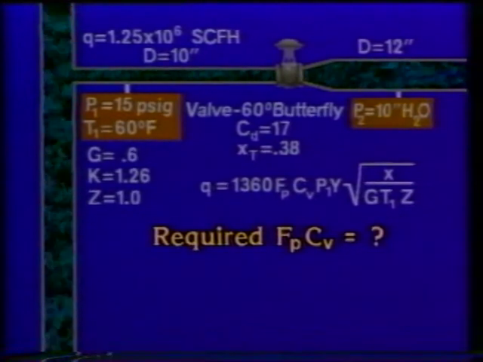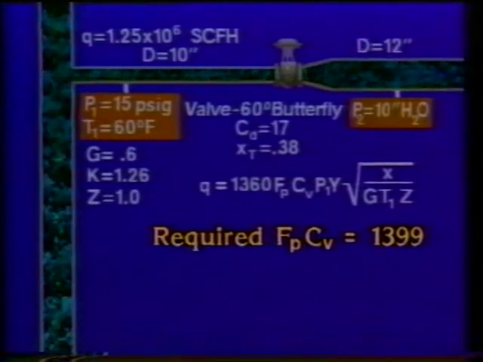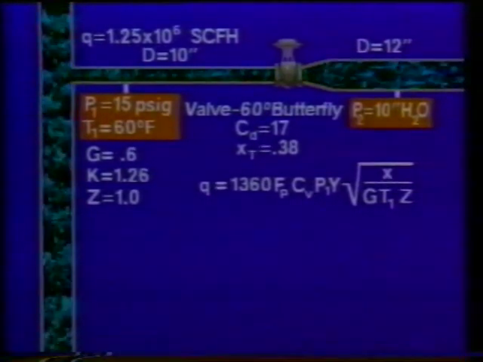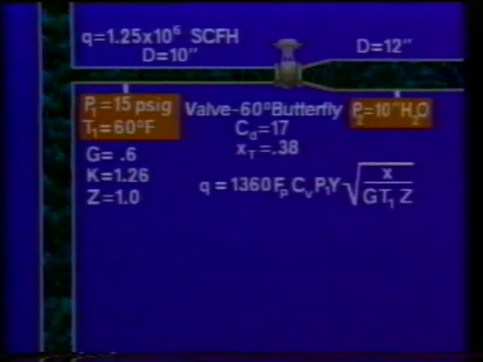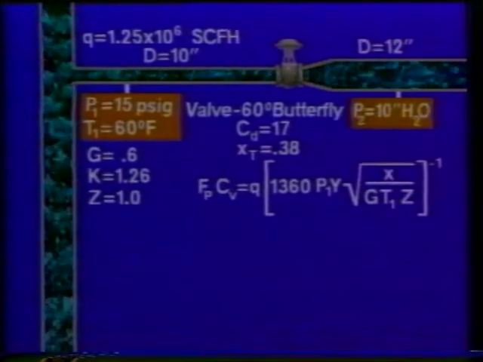If you found the value of this term to be 13.99, you're right. Now, let's review how this value was obtained. First, the equation is rearranged to isolate the term F sub P C sub V. Then, known values are substituted into the equation.